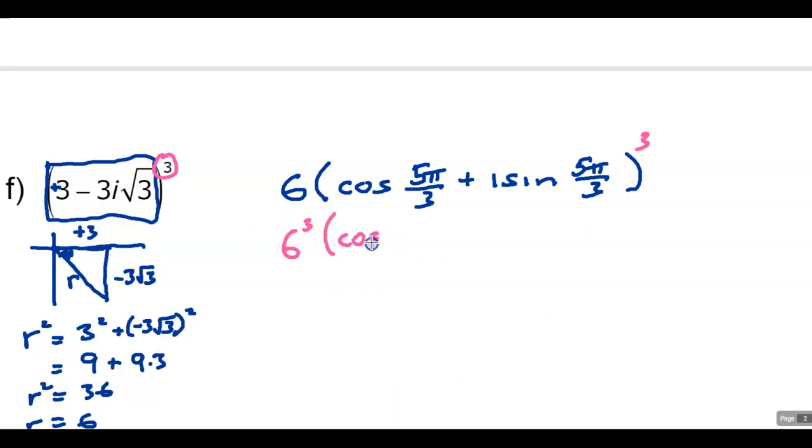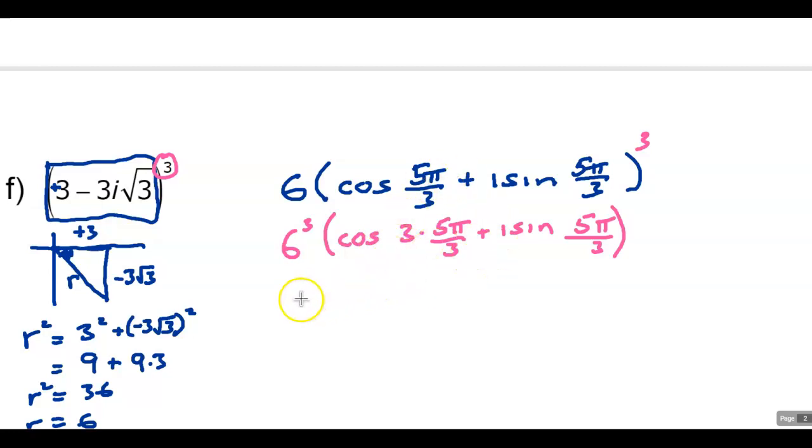Cosine 3 times 5 pi over 3, which is really convenient, that the 3 here will cancel with the denominator of 3. So you can see in this case, some people are averse to wanting to do radians, but in this case, radians actually makes this problem a lot easier.